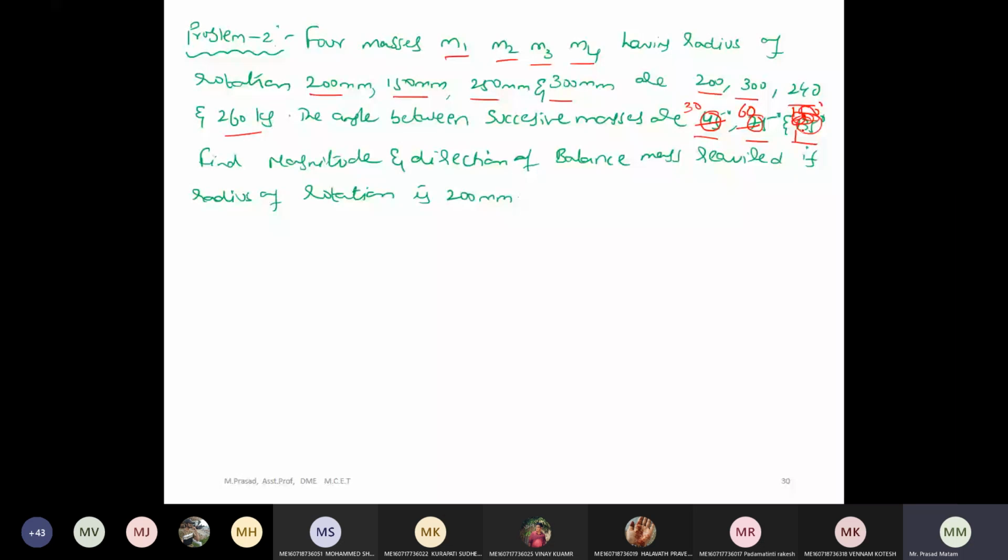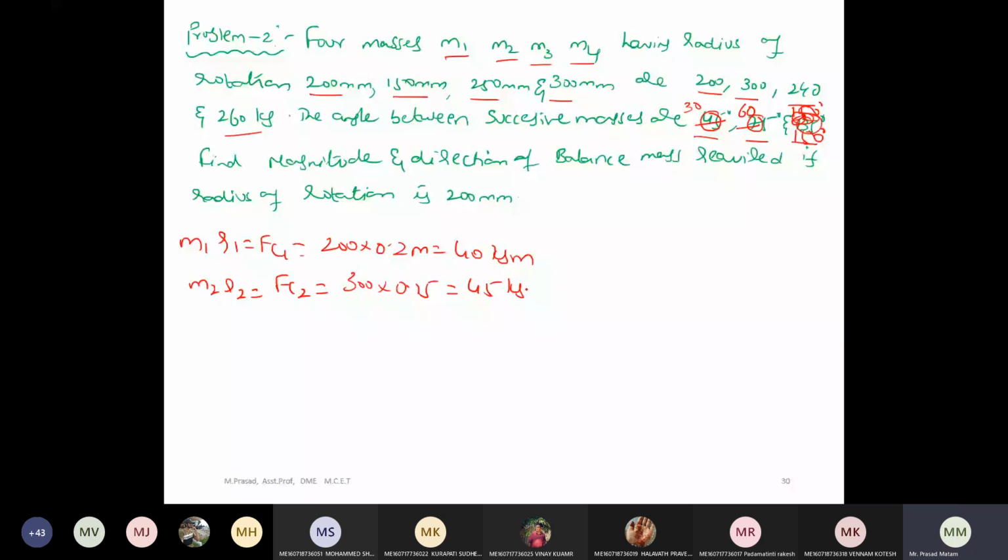So m1 r1 which gives us Fc1. What is m1 we are getting? 200 kg. R1 is 200 mm, that is 0.2 meters, which comes to 40 kg meter. Similarly, m2 r2, second force. m2 is 300 kg and r2 is 0.15 meter. 300 into 0.15.